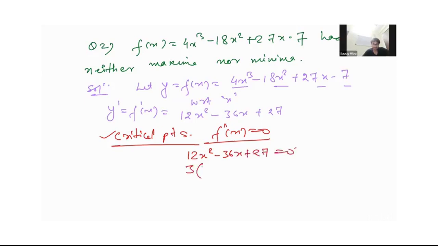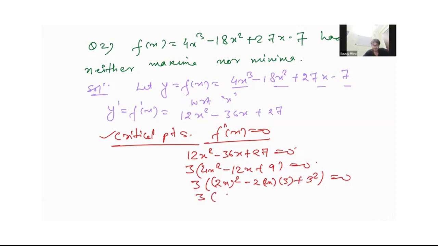I calculated 4x square minus 9x minus 12x plus 9 equals 0. So you will get your 3. It is your 2x square minus twice of 2x into 3 plus 3 square equals 0.